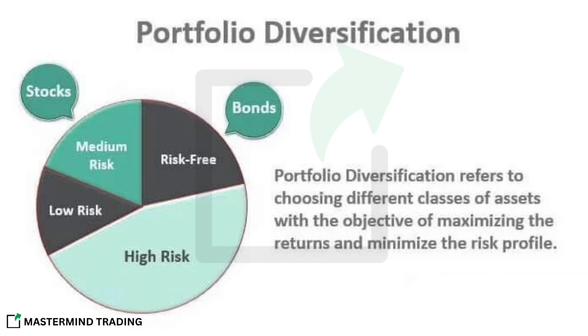First here is portfolio diversification, and portfolio diversification basically refers to a trader choosing different asset classes for different assets, with the objective being to maximize returns on each asset class with an attempt to minimize the risk profile on them. So basically, a trader can choose to classify his holdings, his investments, based on their risk profile.